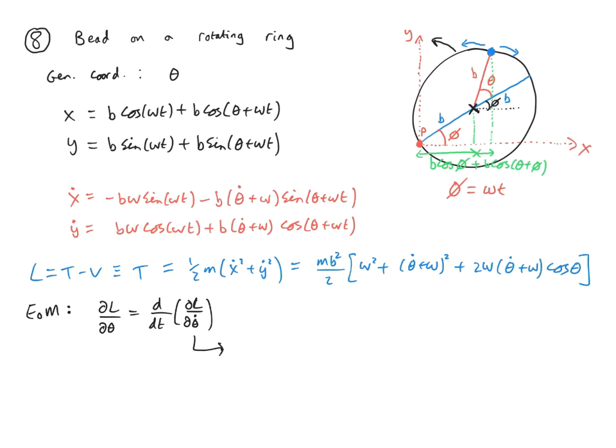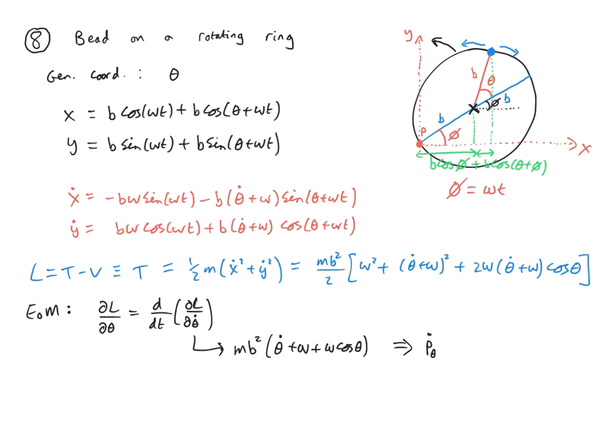From this expression, it's straightforward to see that this is just going to be m b squared into theta dot plus omega, cos theta. Of course, what we actually need here on the right-hand side is the time derivative of that. So p theta dot is what is really on the right-hand side here.